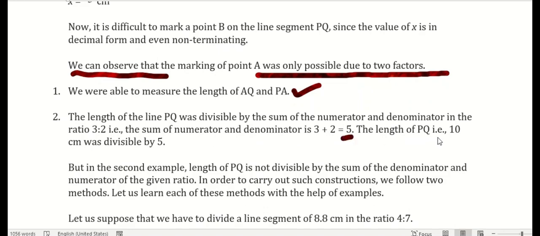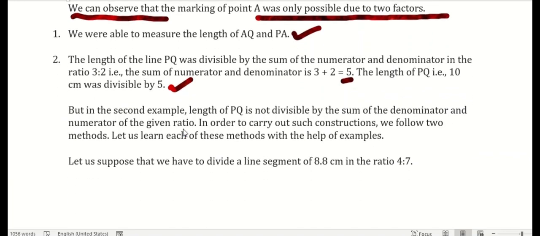The length of PQ, that is 10 centimeter, was divided by 5. But in the second example, length PQ is not divisible by the sum of denominator and numerator of the given ratio. In order to carry out such construction, we follow two methods. Let us learn each of these methods with the help of examples.